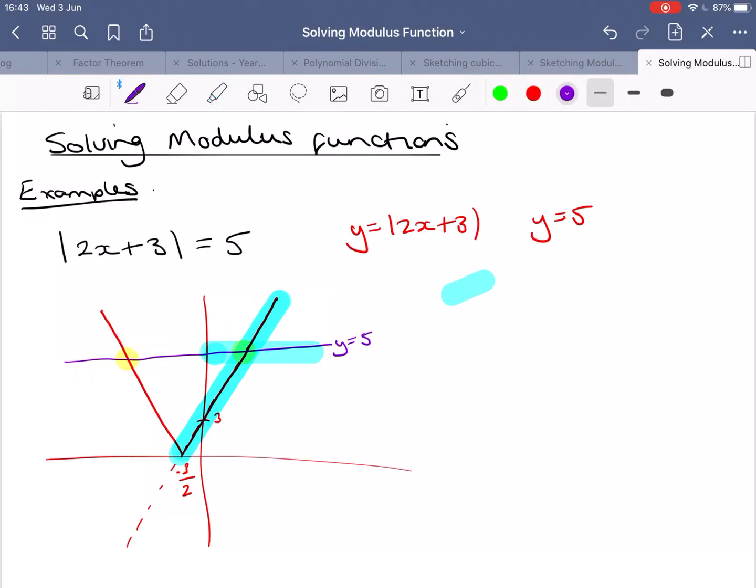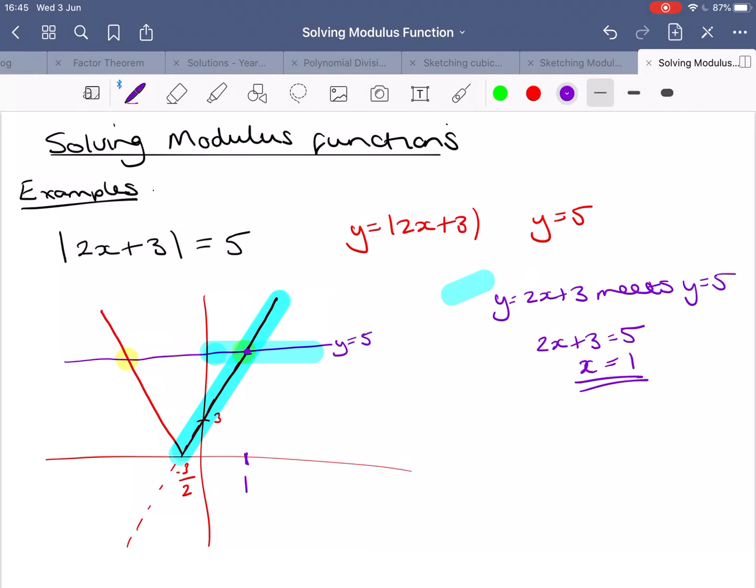So for this part, I want to solve where y equals 2x plus 3 meets the line y equals 5. So straightforward, I just equate the two equations, so I end up with 2x plus 3 equals 5. Rearrange it, take away the 3, divide by 2, and I get x equals 1.